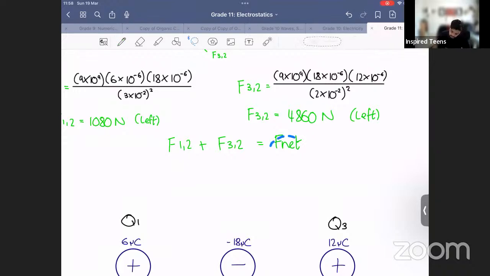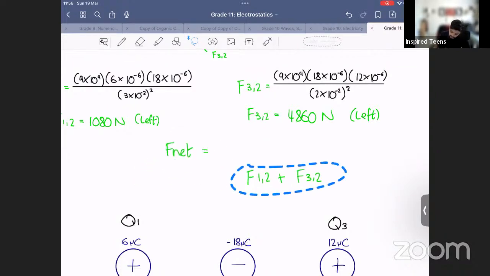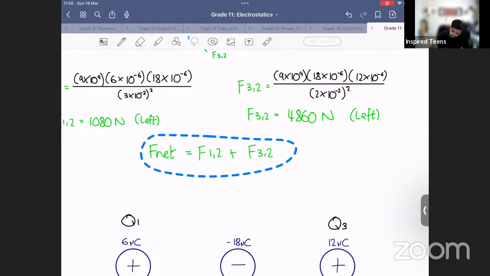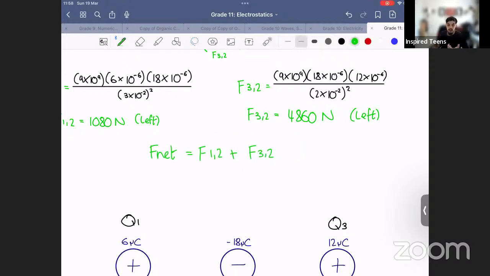Okay, let's do this. How do you get F net? You add them. Why are you adding them? Because they're in the same direction. So it's like vectors, right? When two vectors are in the same direction, you add them. When two vectors are in the opposite direction, you subtract them.